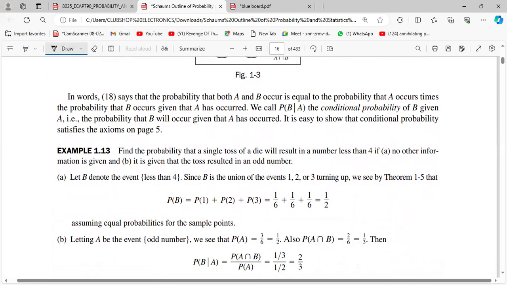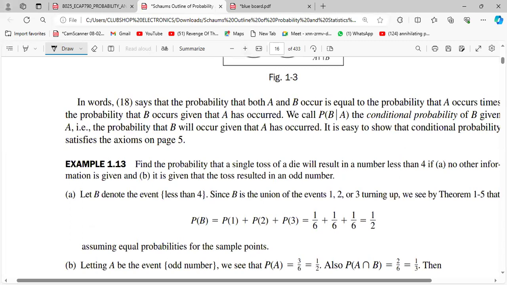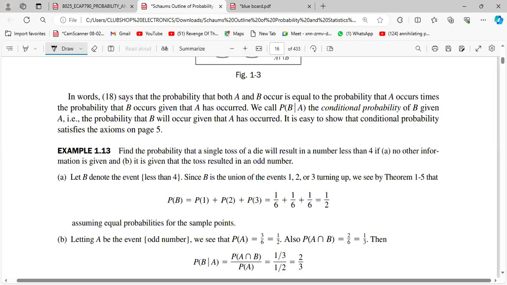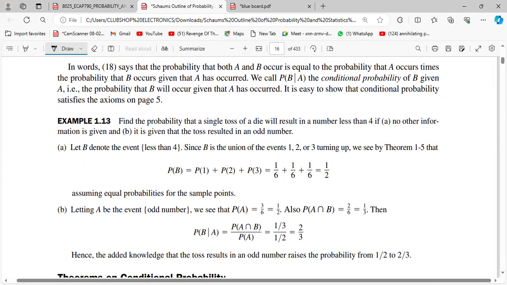Now let's look at a question, an example. Find the probability that a single toss of a die results in a number less than 4. A: no other information is given.